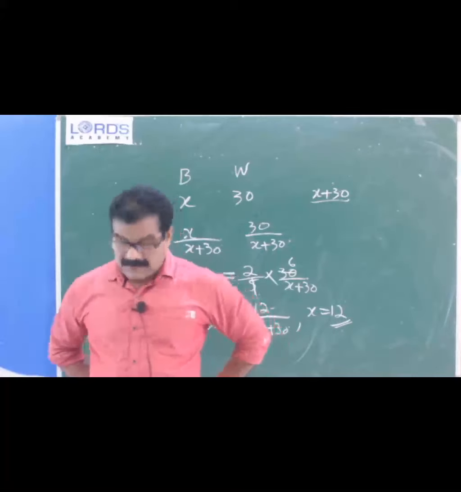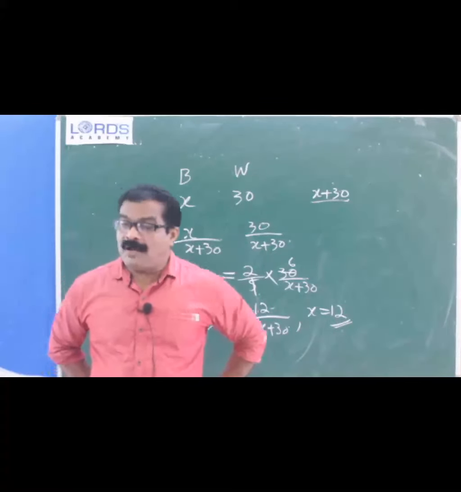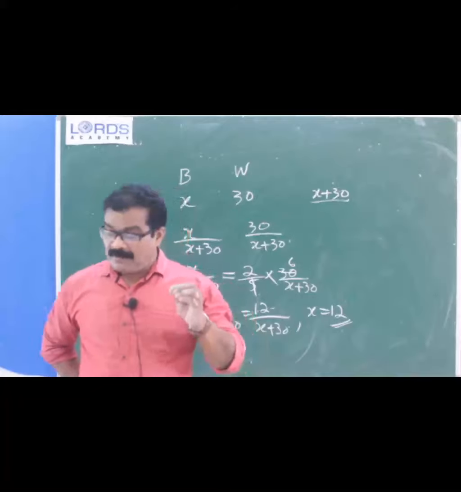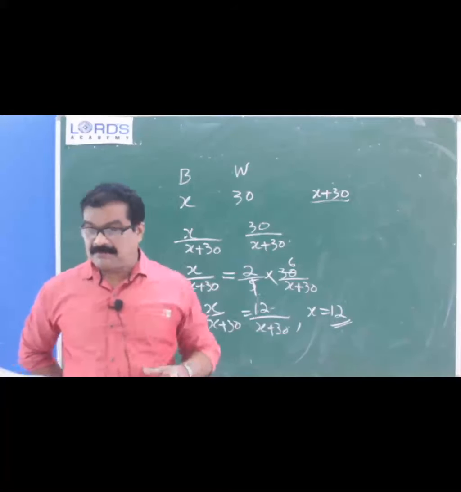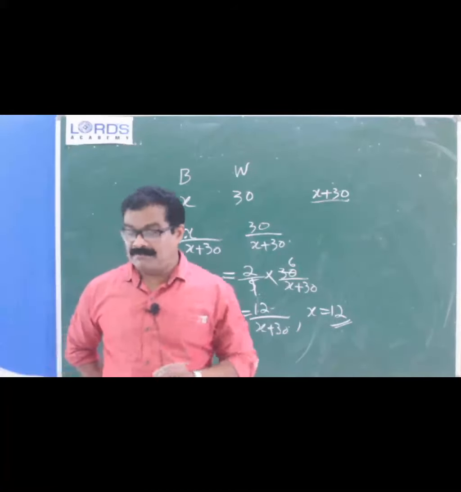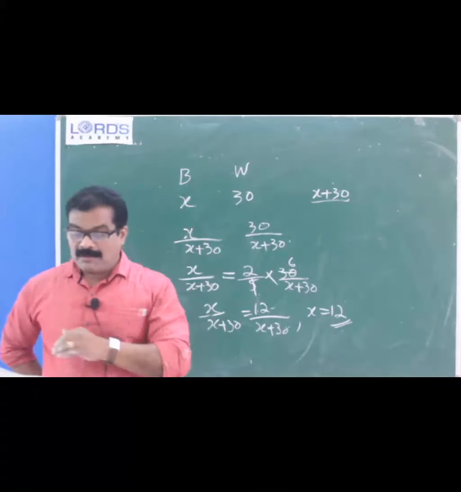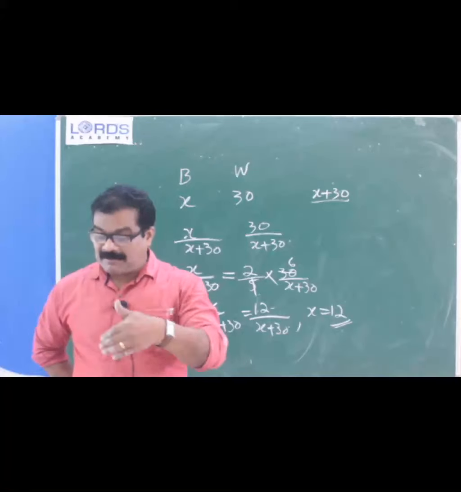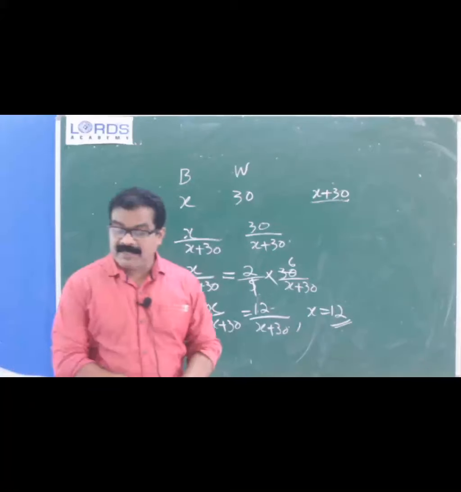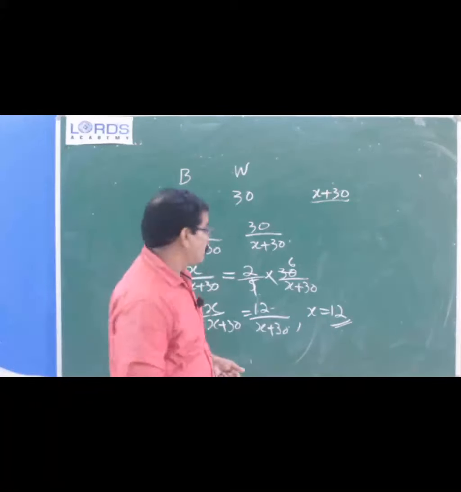Prime number. Then you should understand the meaning of prime number. You should know the prime numbers. Between 1, 2, 3, 4 up to 20, you write the prime numbers. Which are the prime numbers?